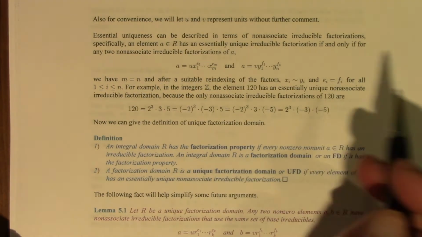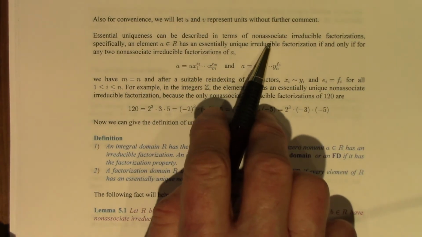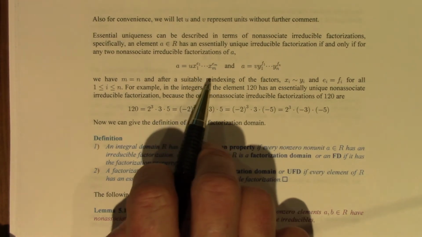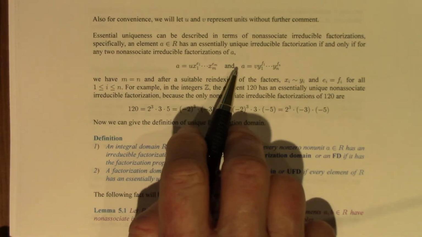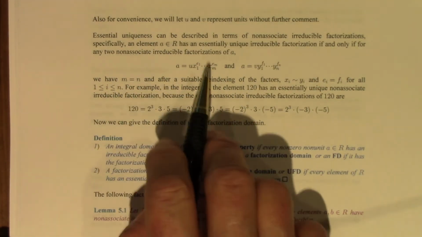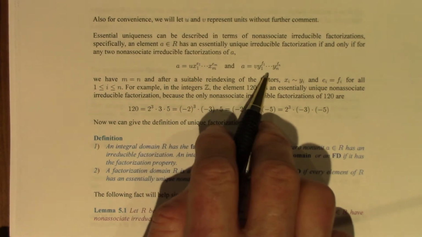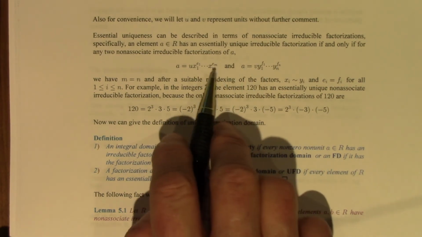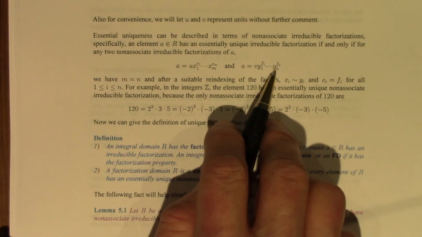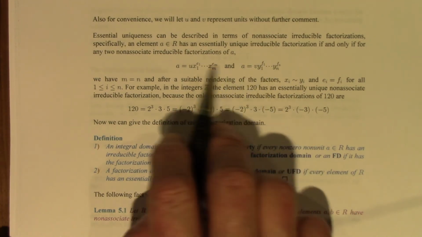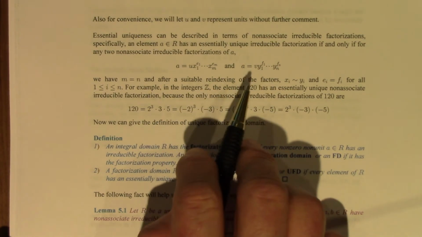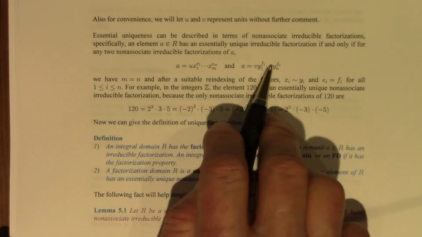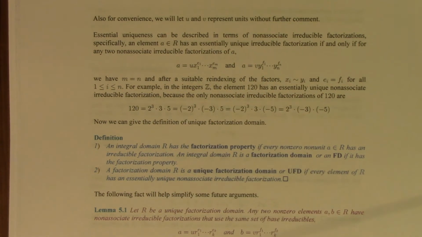Essential uniqueness can also be described in terms of the non-associate irreducible factorizations. An element has an essentially unique irreducible factorization if and only if for any two non-associate factorizations m equals n, and again after suitable reindexing xi and yi are associates, but also the exponents are the same, ei equals fi. So that's just another way to say exactly what we said before.